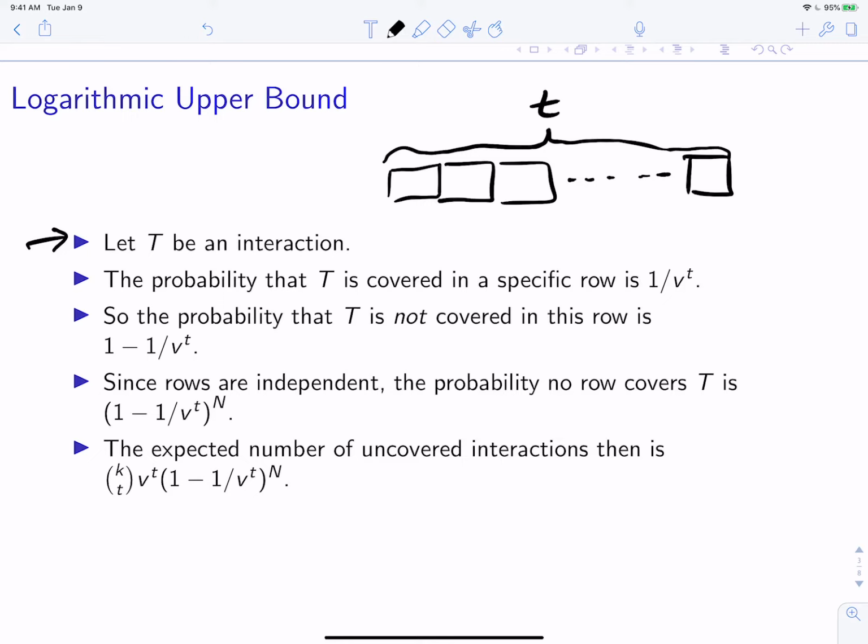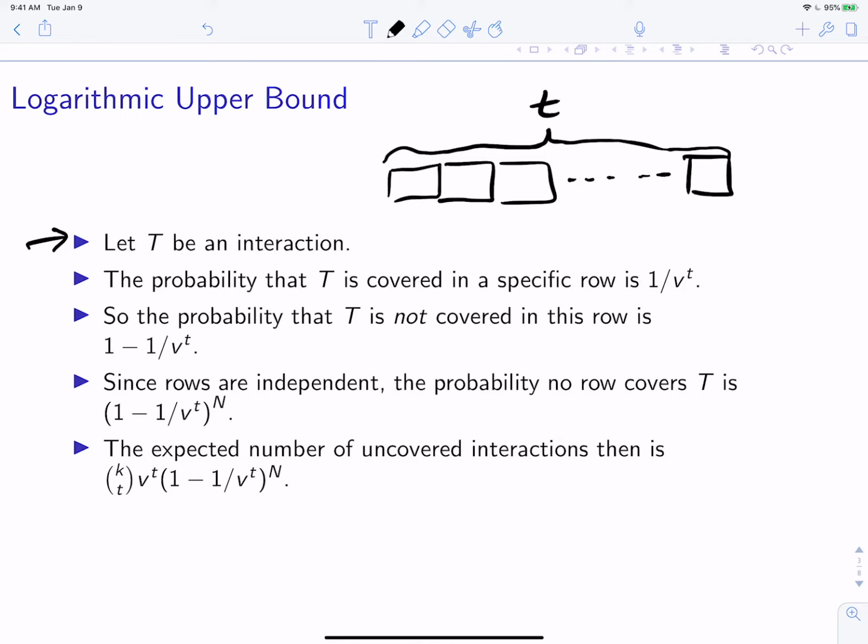Okay, so t columns right here. Remember, each entry is chosen uniformly at random. So what's the probability that the t values in this interaction appear in the exact order for each of these t entries?